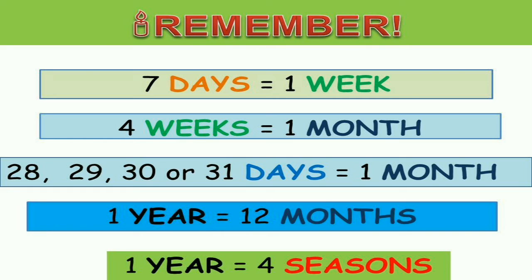Very good. So now next, 1 year is equal to 4 seasons. So in a year, we have 4 seasons. So which types of season do we have?